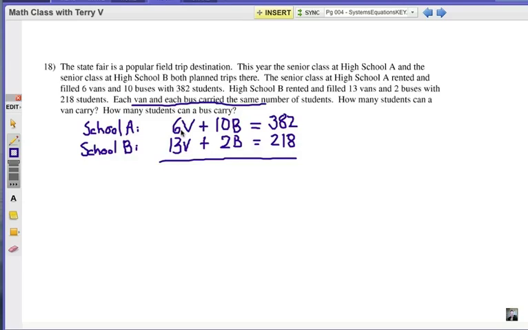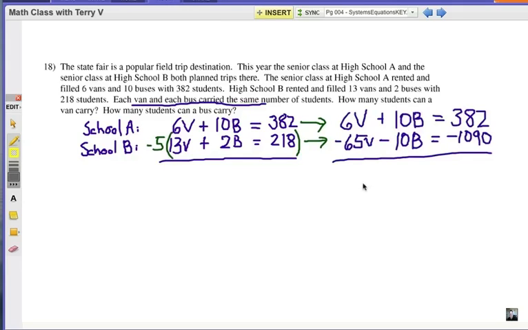So 6V represents 6 van loads of students, and 10B is 10 buses. So that's how we interpret that. V for vans, B for buses. So again, substitution is not going to be a great choice. Let's go with elimination. And we're going to work with the 10 and the 2 because those are a nice combination of numbers.